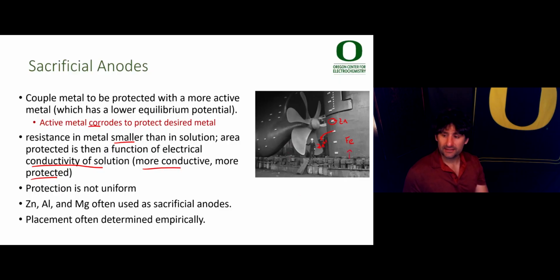The iron is painted, so there's not very much iron exposed, but if there's any pinholes in the iron, those pinholes is where O2 will attack, and instead of oxidizing, the iron will be at a mixed potential controlled by that zinc, and the iron will reduce the oxygen, and it will get its electrons from the corroding zinc instead of from corroding iron. So the zinc is sacrificially dissolving to prevent the iron from dissolving. And this is something that was discovered long ago.